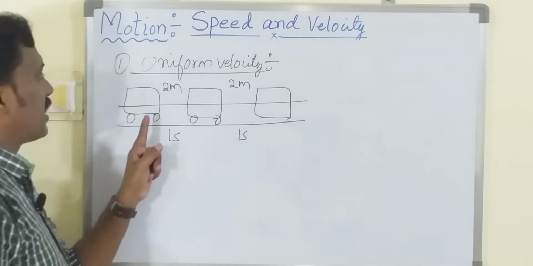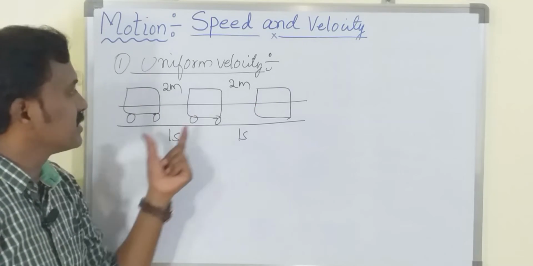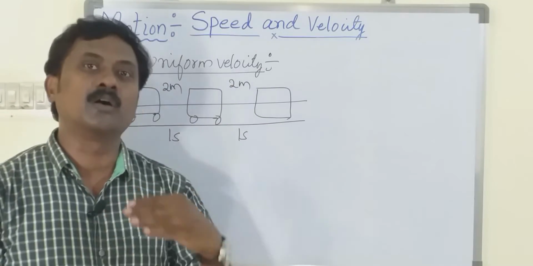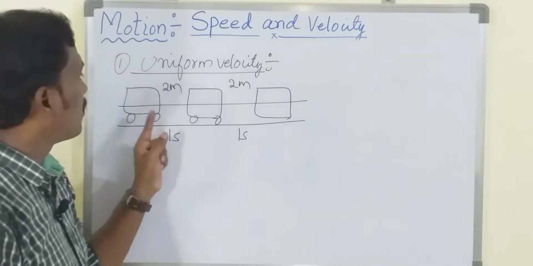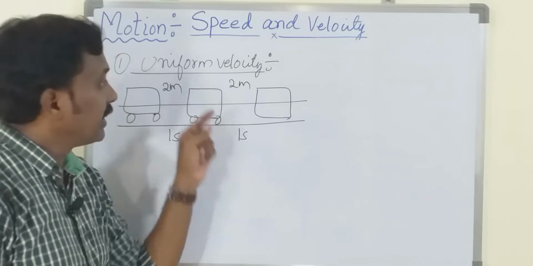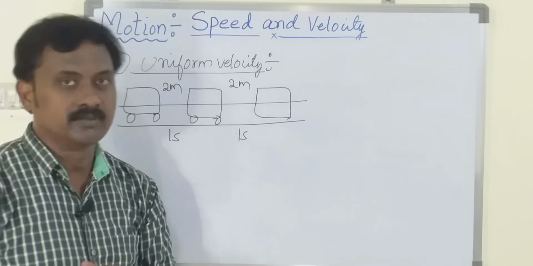So here, as the body is covering equal displacements in equal intervals of time, we say the body is moving with uniform velocity. Or also you can say, if the body covers equal distances in equal intervals of time in a specified direction, then we say the body is moving with uniform velocity.